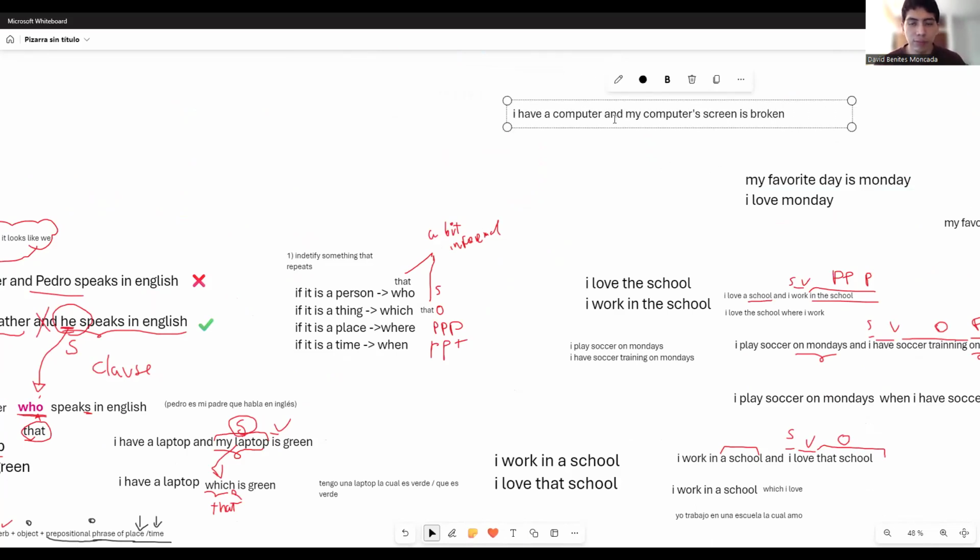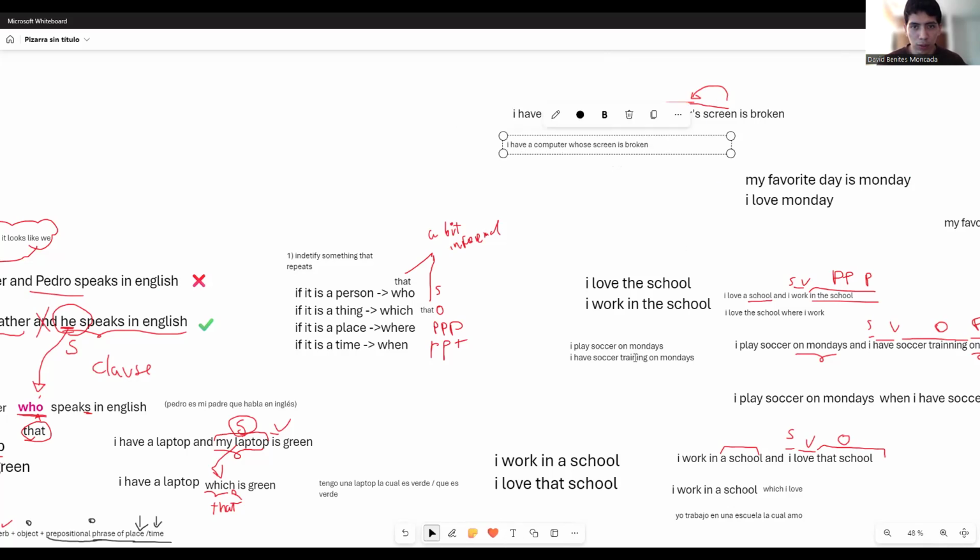So what is the same that repeats? Computer and computer. But remember that this is that computer and this is the screen of that computer. So you always say, object: I have a computer whose screen is broken. I will give you the definition in Spanish of the word whose.